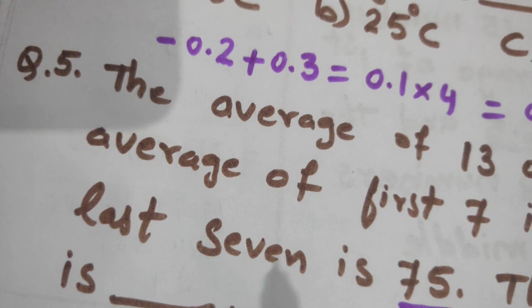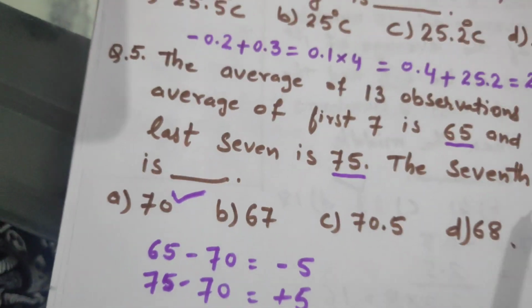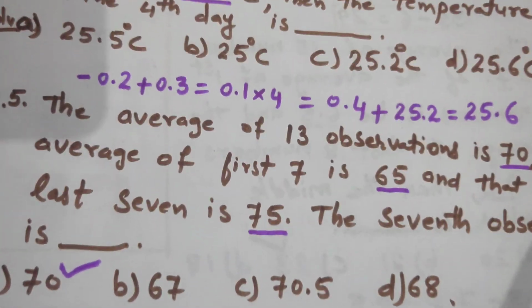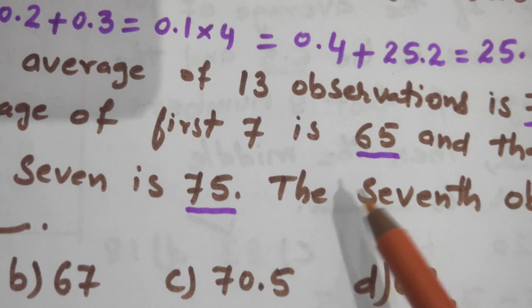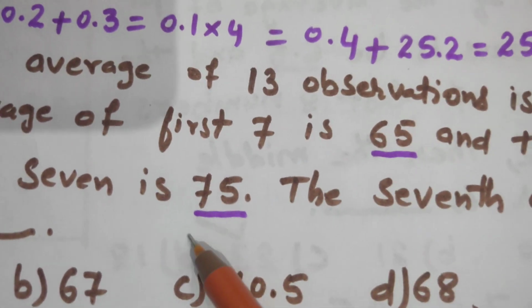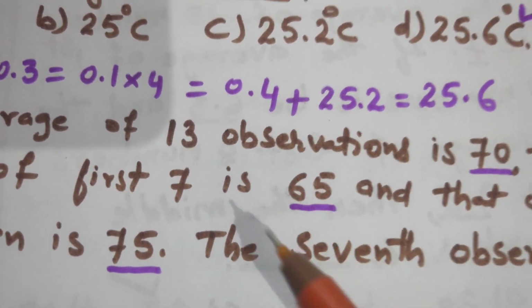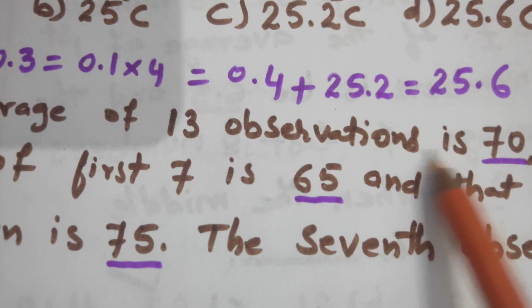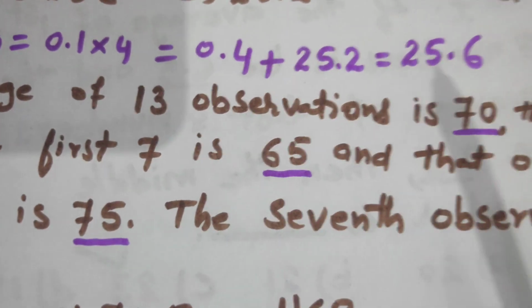So I hope you have understood this well. The main thing, again I am repeating, is we have to concentrate only on 3 observations: the total observation, the first 7 or 4, whatever is given, and the last. And the first thing is to find the difference with always the total number of observations, like 65 minus 70, 75 minus 70.